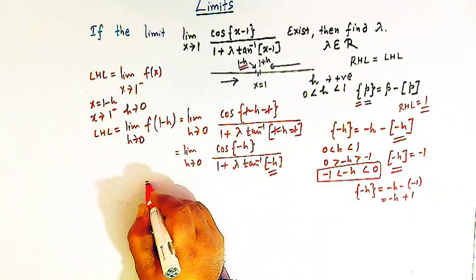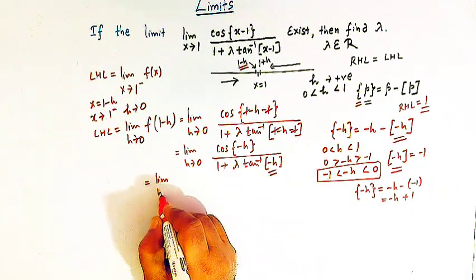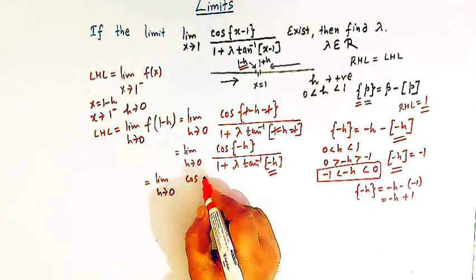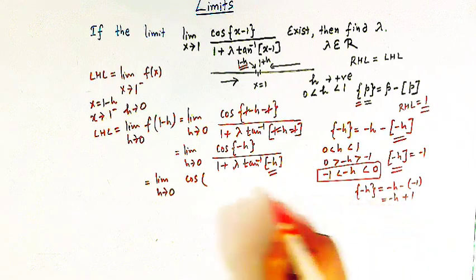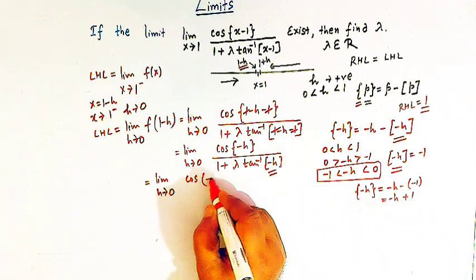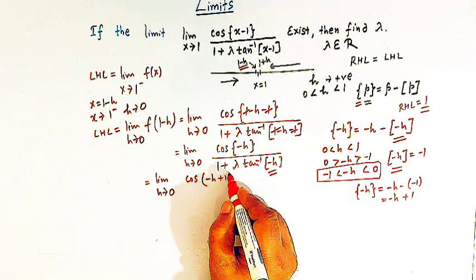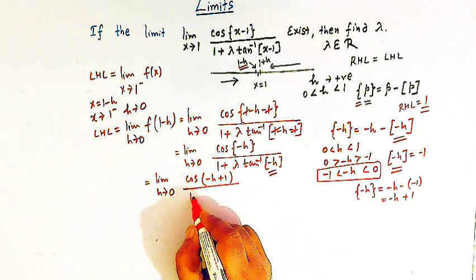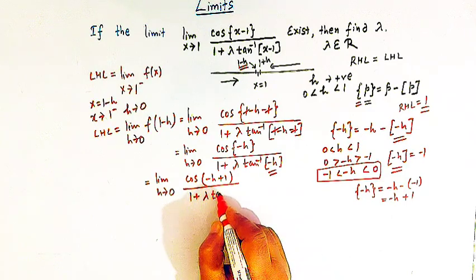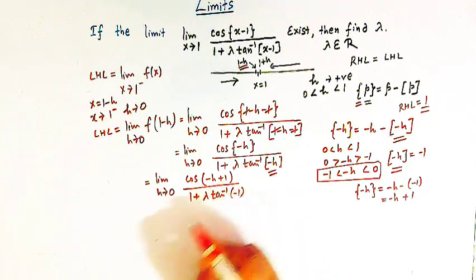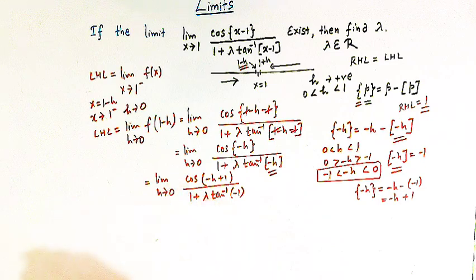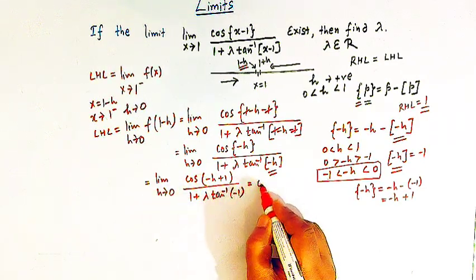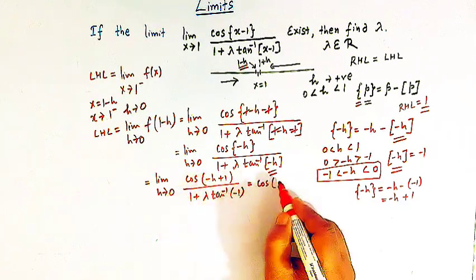So now this limit is equal to limit h tends to 0, and here we have cos of 1 minus h. This is minus h plus 1, so we can also write it as minus h plus 1, and here we have 1 plus lambda times tan inverse of minus 1, right? Okay, so now when h tends to 0, we have cos, then here we have minus 0.